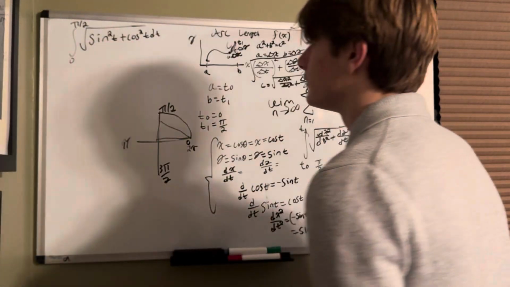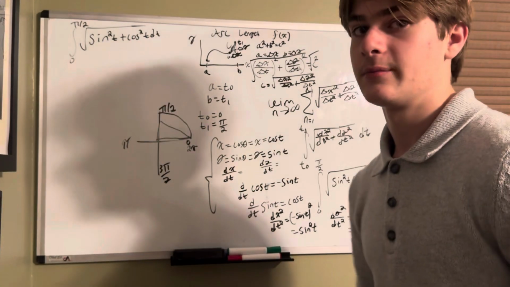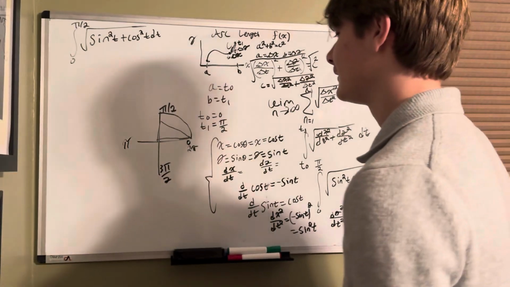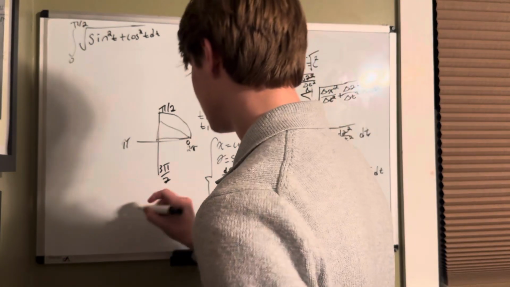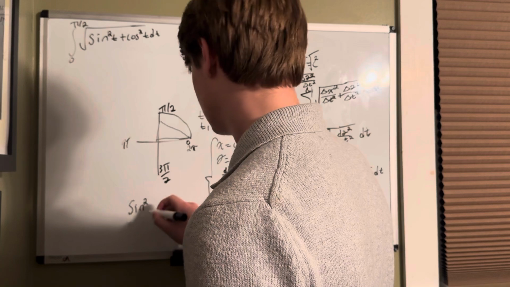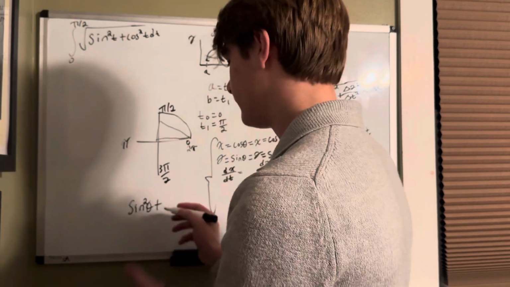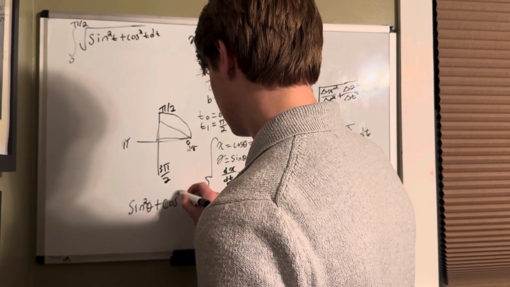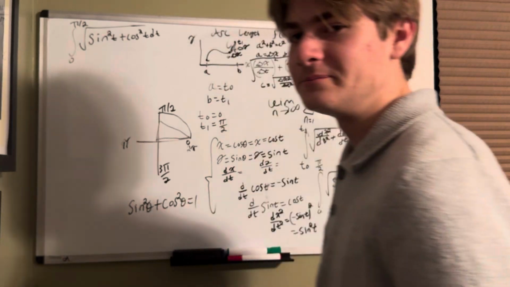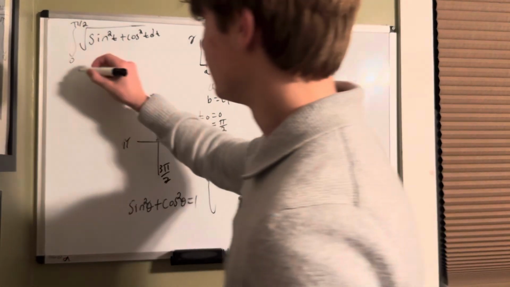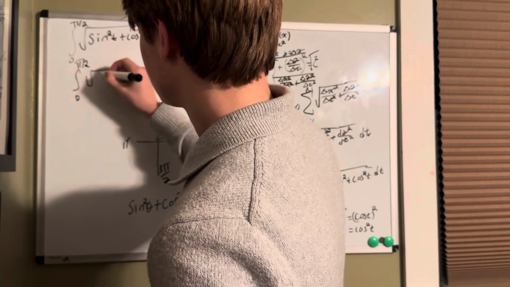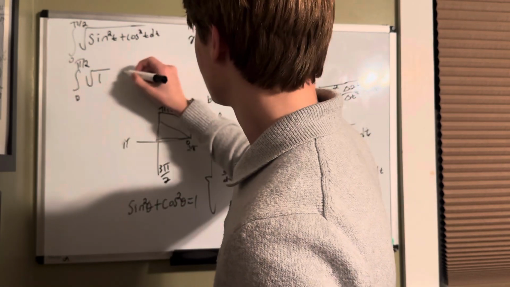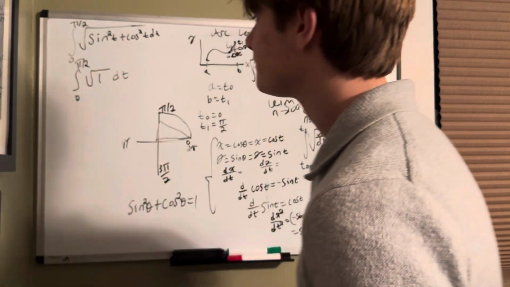Now many of you may recognize this, the Pythagorean identity. And this is what makes it so beautiful, because the Pythagorean identity is sine squared theta plus, or any variable, plus cosine squared theta, which is equivalent to 1. So we get 0 to pi over 2 of the square root of 1 with respect to t.